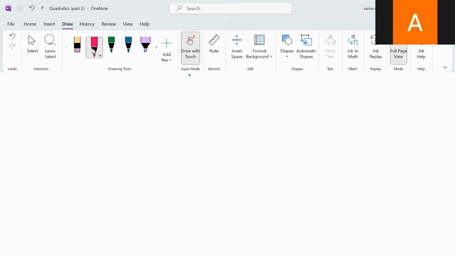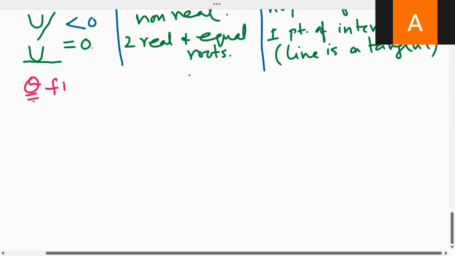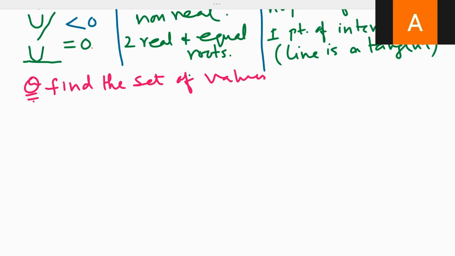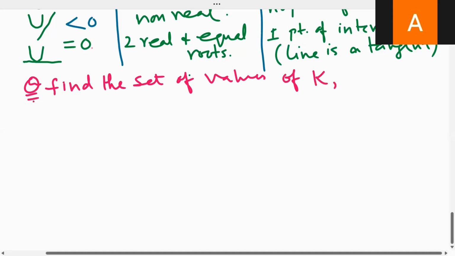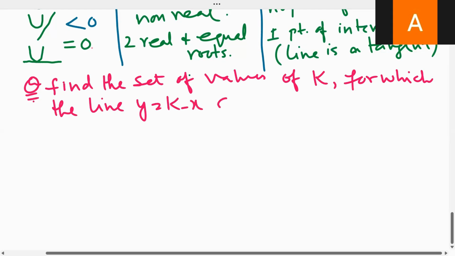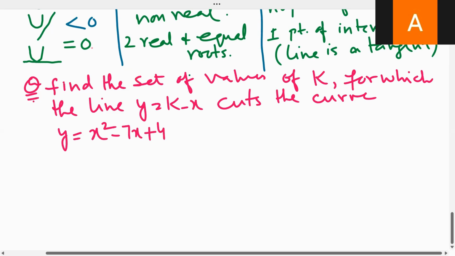It is given: find the set of values of k for which the line y equals k minus x cuts the curve y equals x square minus 7x plus 4 in two distinct points.